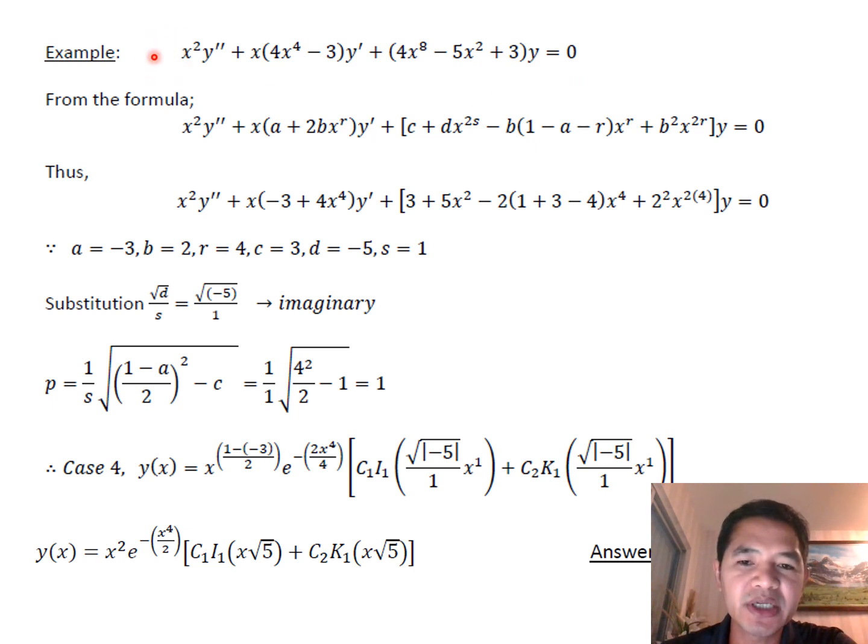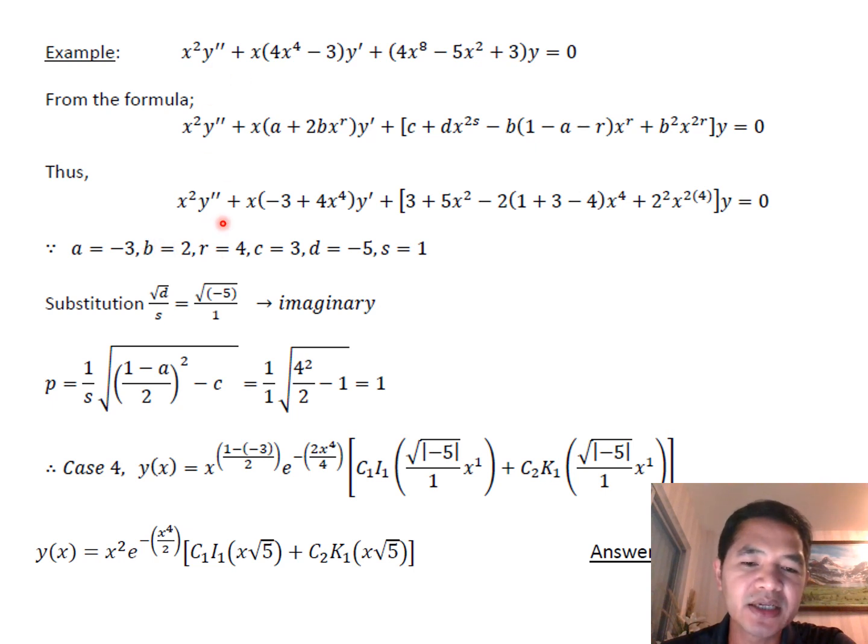So from here you have to figure out what is the value of a, b, c, r and s, from the formula from the previous slide that we already talked about. You have to figure out these values yourselves.